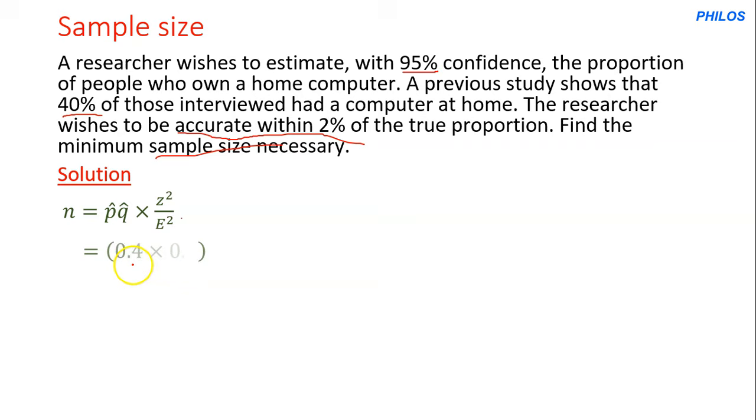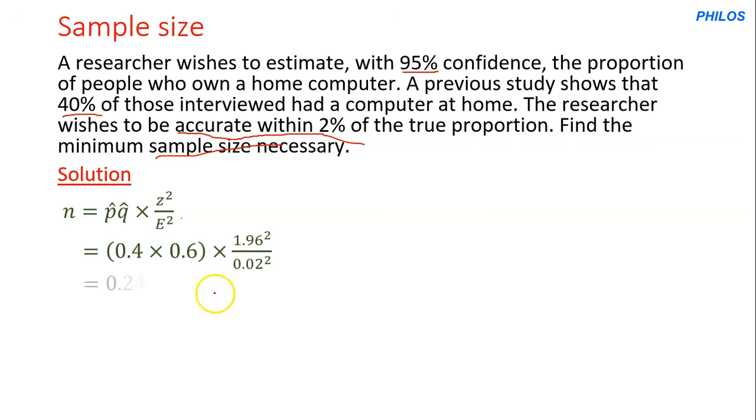That will give us 0.4 times 0.6 times 1.96 squared, divided by 0.02 squared. When you check 0.4 times 0.6, you get 0.24. And when you check 1.96 squared divided by 0.02 squared, you should get 9604.